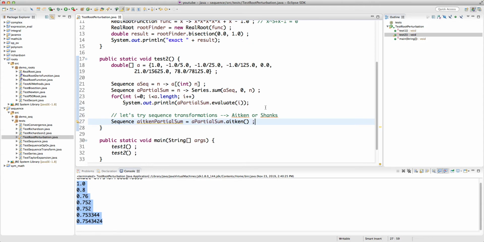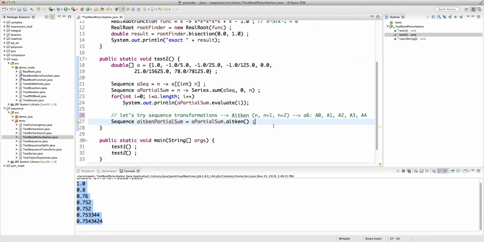It returns a sequence. Remember, Aitken uses the nth term, n plus 1 and n plus 2. Now we have up to A6, so I can use Aitken 0, Aitken 1, Aitken 2, Aitken 3, and Aitken 4, because Aitken 4 uses A4, A5, and A6. I cannot go beyond this because I don't have the rest of the terms.